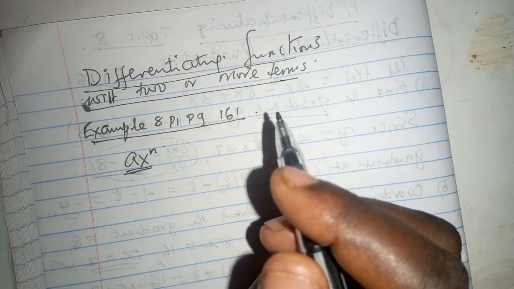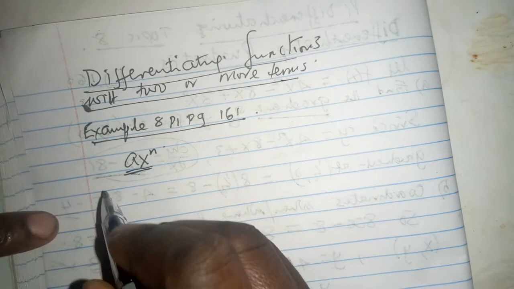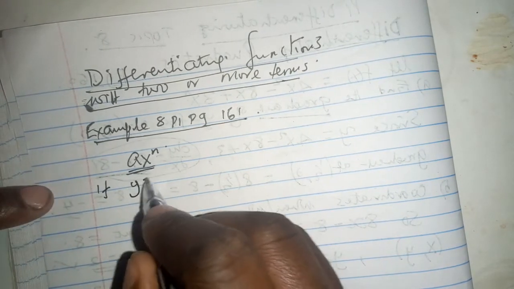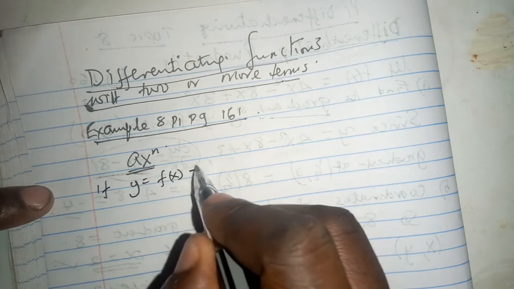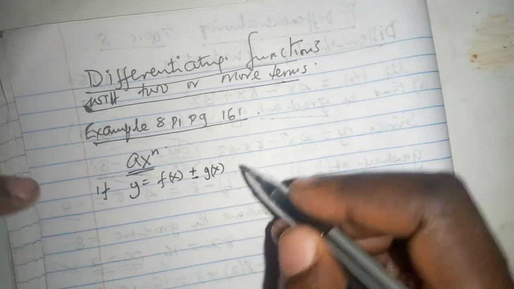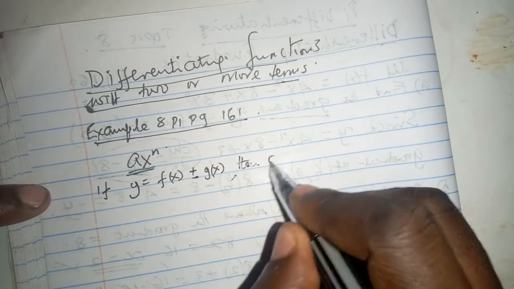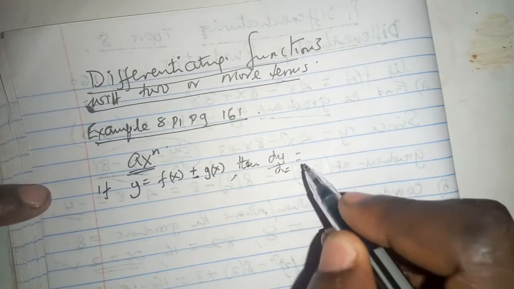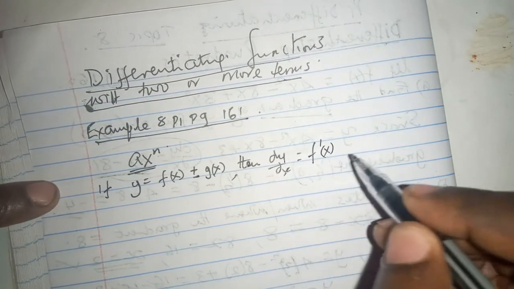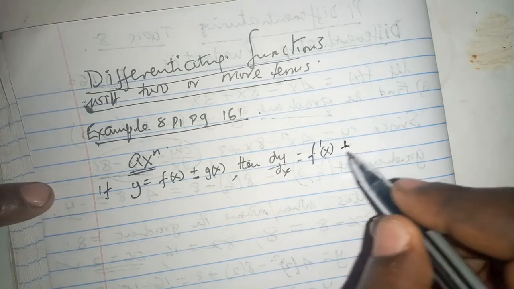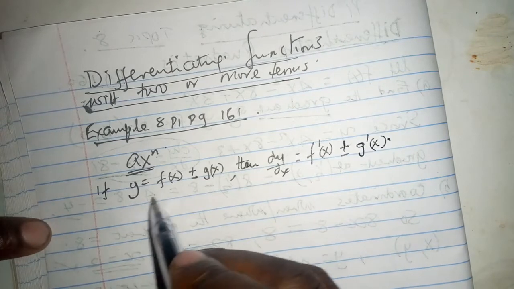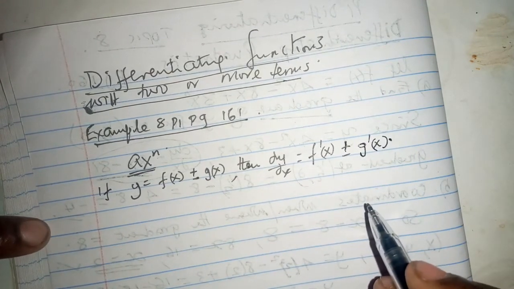Let's have a general rule. If y = f(x) plus or minus g(x), these are two terms, then dy/dx is equal to the derivative f'(x) plus or minus the derivative of the other term. This is just a general rule.